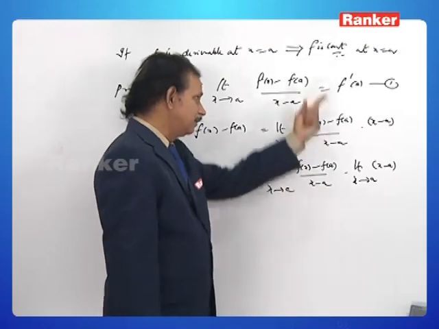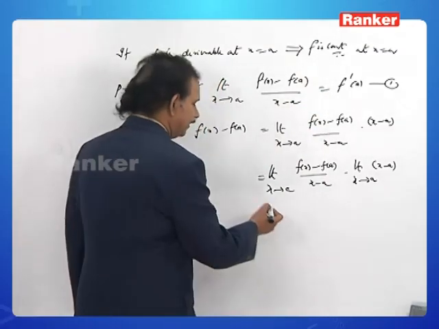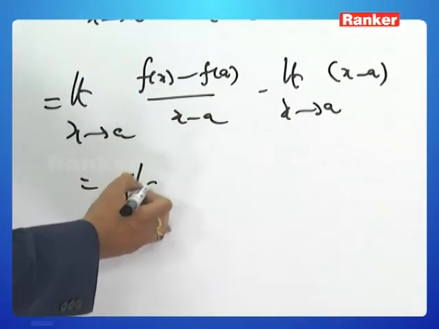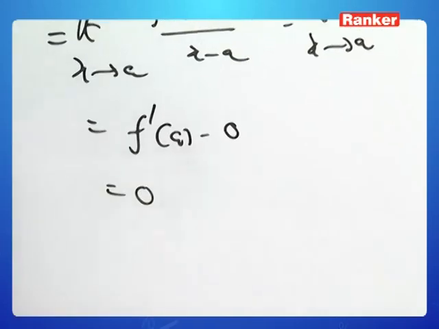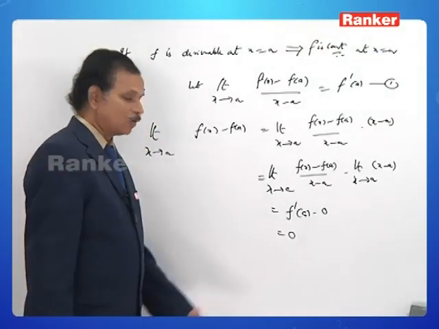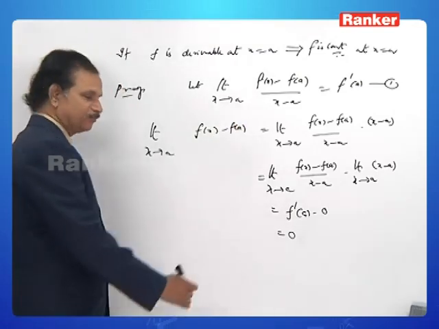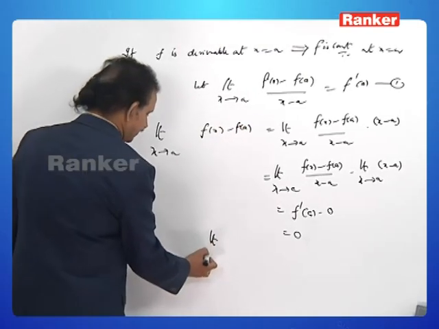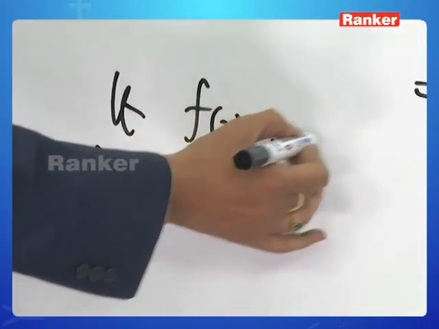What is this limit? f dash a. Who told you? It has been given in the data. Therefore it is f dash a, and of course a minus a is 0, so this limit is 0. That is, the limit of f(x) minus f(a) is 0. Therefore, the limit as x tends to a of f(x) is equal to f(a).